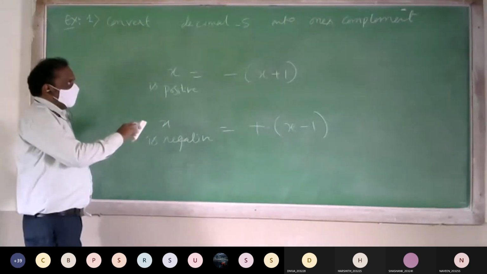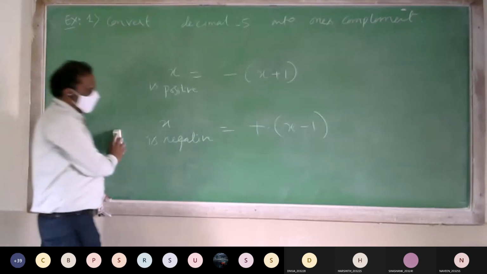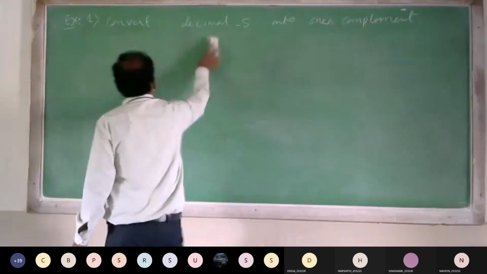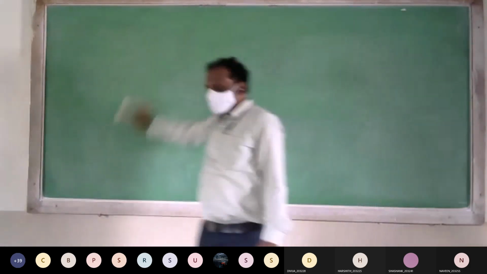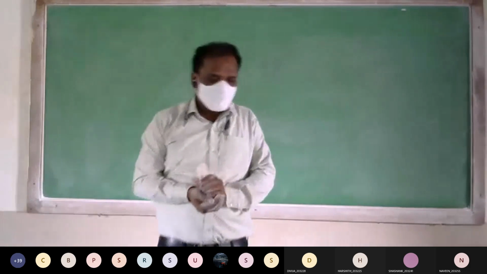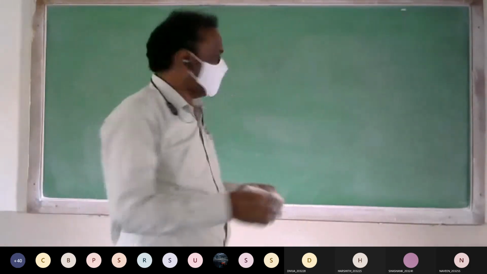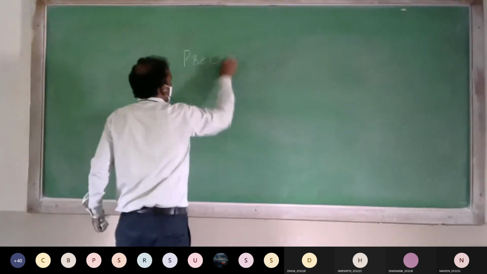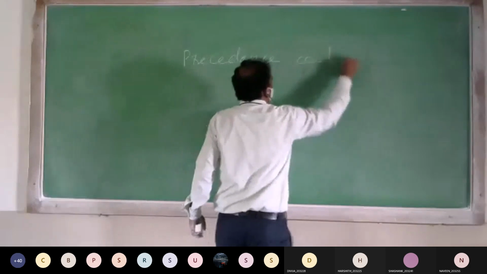So, practice 2 to 3 numbers. This is somewhat confusing, and I told you in the beginning that this is a confusing topic. Anyway, time is up. So, this completes the operators topic. Next class we shall discuss precedence and order of evaluation.